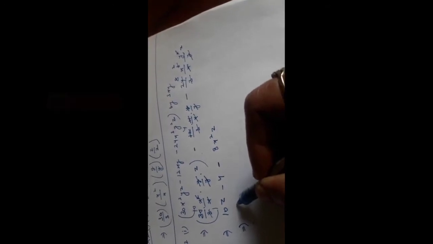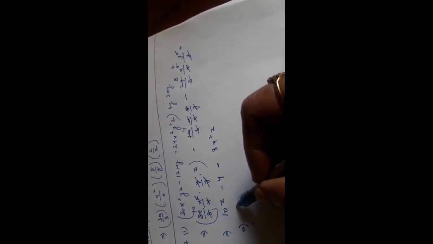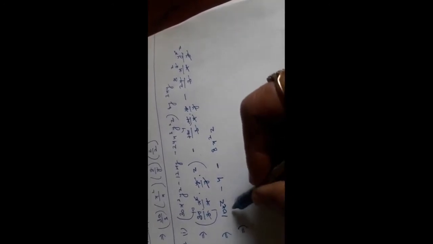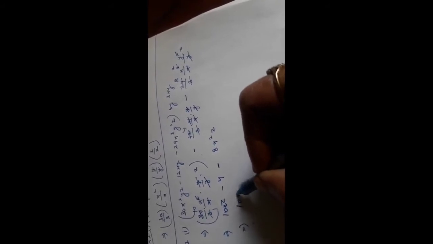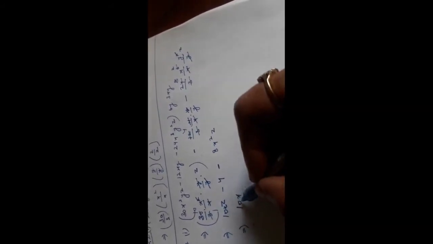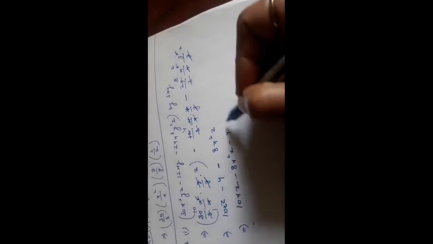So we can write it as 10, here x is also left, so 10xz minus 8x square z minus 4. This is our answer of first part of question number 2.